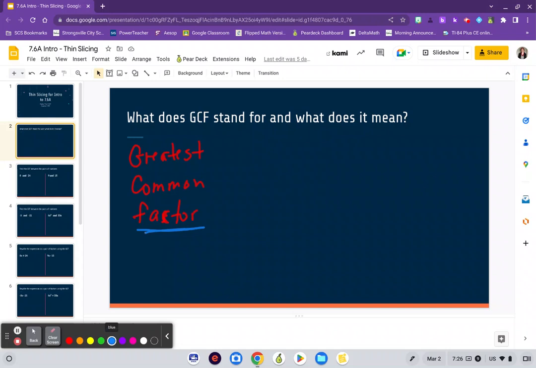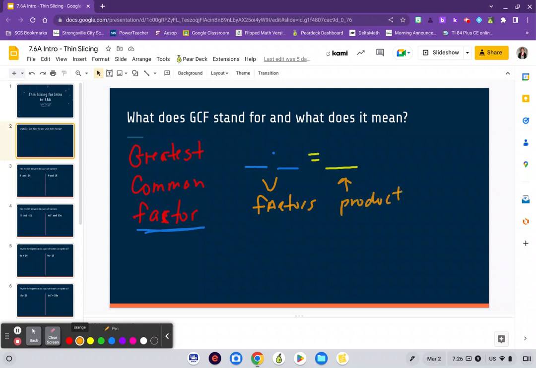And so a factor is a number that gets multiplied by another number. And so the result of that would be the answer to that multiplication, which is what we call a product. And so these two are called factors, the two items that get multiplied together, and this is called the product.